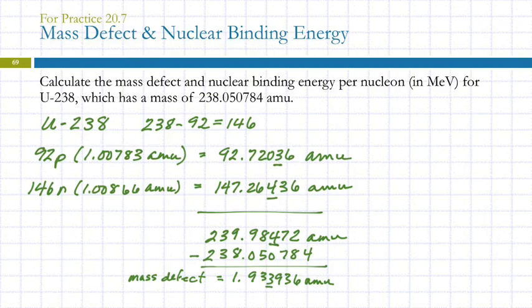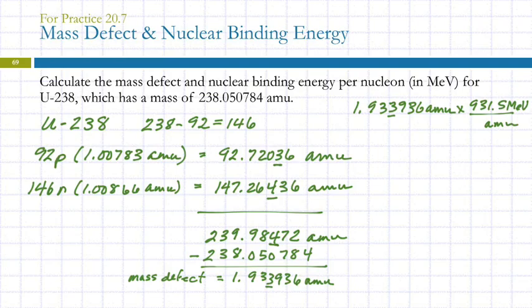And then nuclear binding energy per nucleon in mega electron volts. So we're going to take the mass defect, 1.933936 atomic mass units, and how do we convert that to mega electron volts? 931.5 mega electron volts per atomic mass unit.